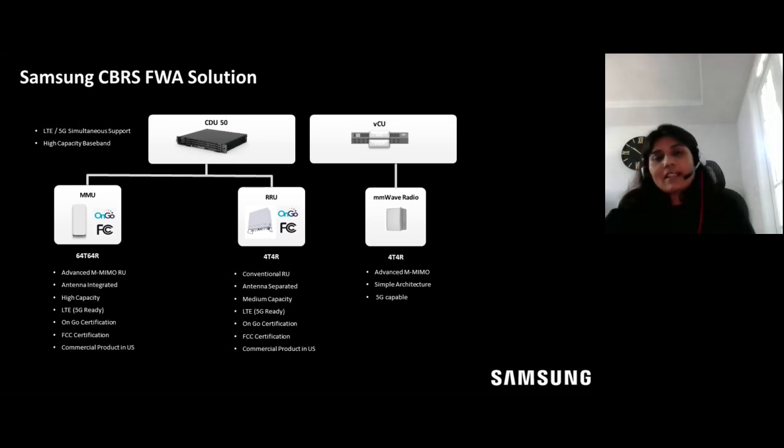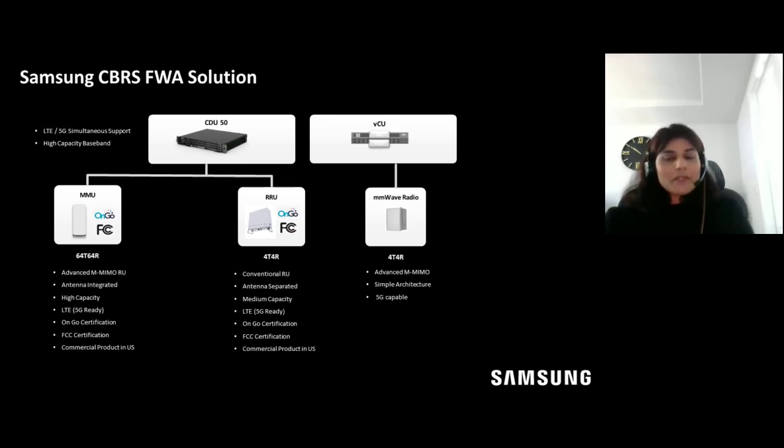But Samsung has an extended range feature, which can extend the range of a millimeter wave up to 10 kilometers. And our millimeter wave solution can be deployed in both standalone and non-standalone mode.